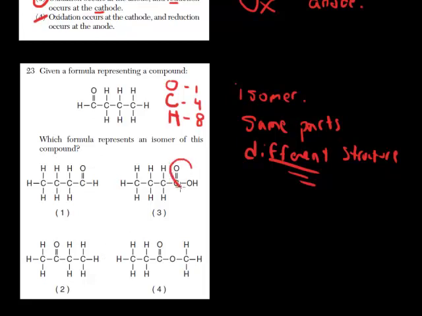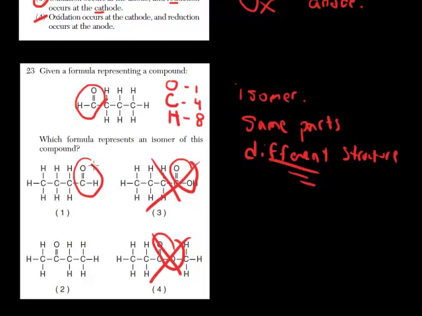Instantly I notice there's 2 oxygens here, so that guy's out. There's 2 oxygens here, so this guy's out. And both of these match perfectly the count of 1 oxygen, 4 carbon, and 8 hydrogens. However, notice the location of the double bonded oxygen. This double bonded oxygen is on the end of the molecule. So is this one. Now you're saying, of course, they're on opposite ends, but so what?